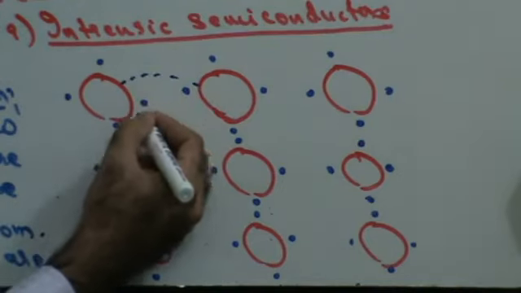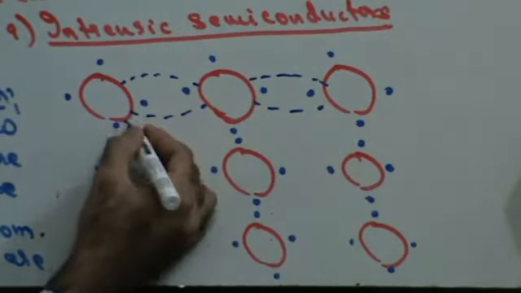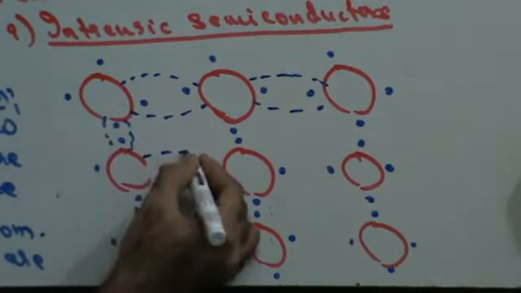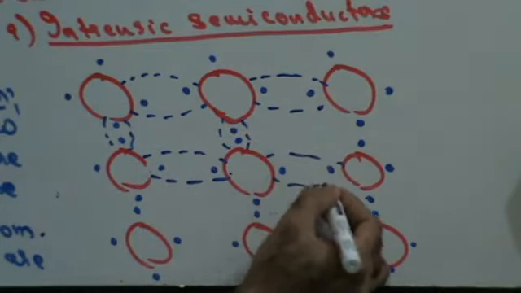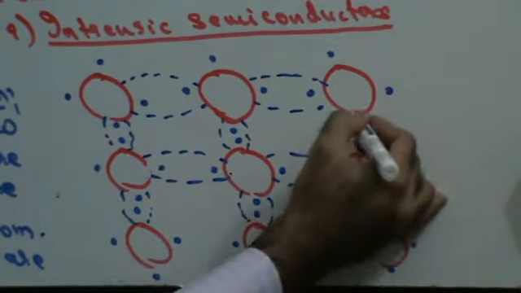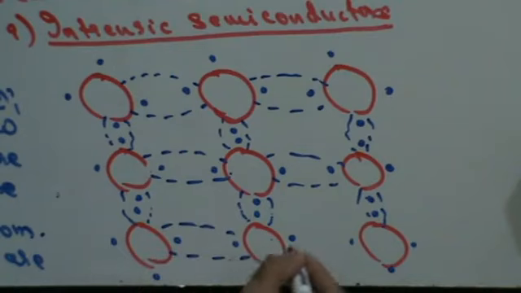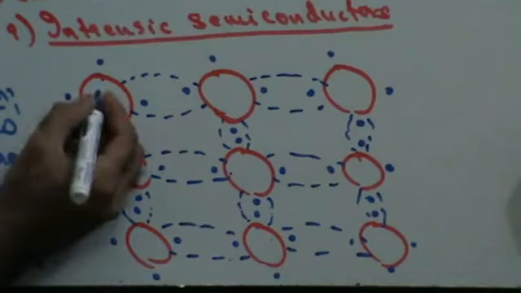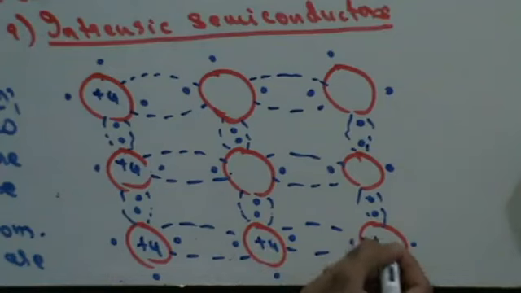This is a covalent bond formed here, and another here, and another here. You have covalent bonds formed between adjacent atoms, and as a result all the electrons of germanium, which has a valency of 4, are going to be used.